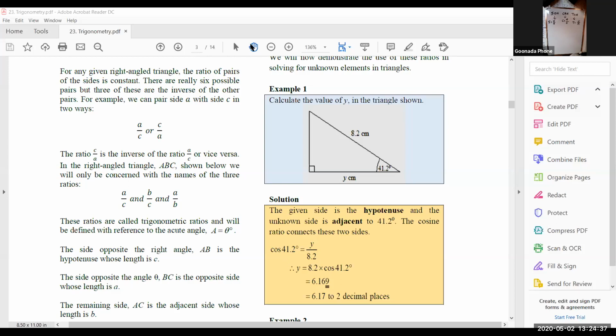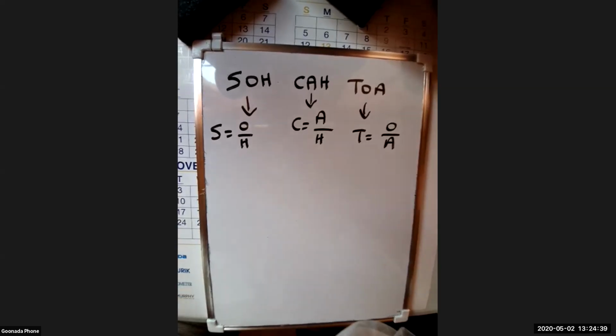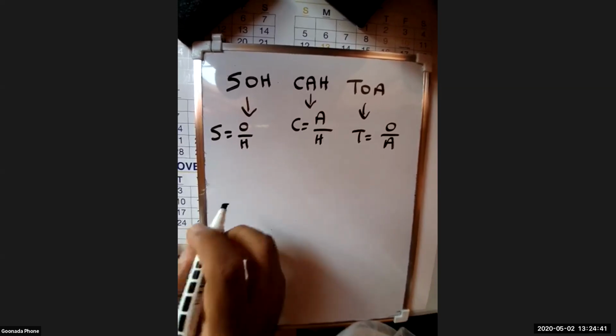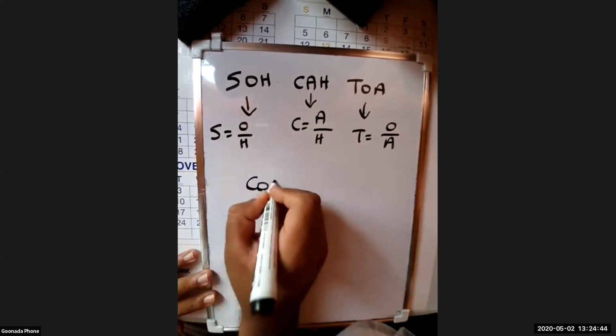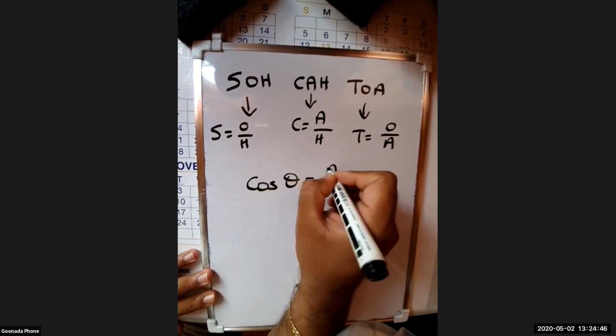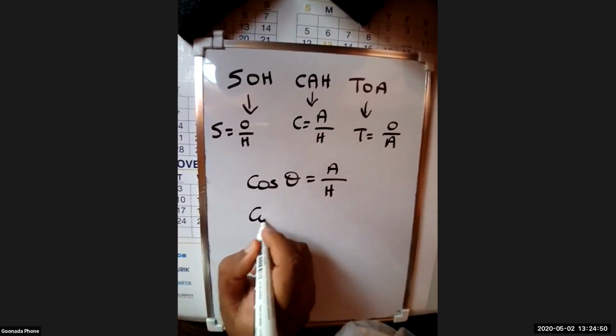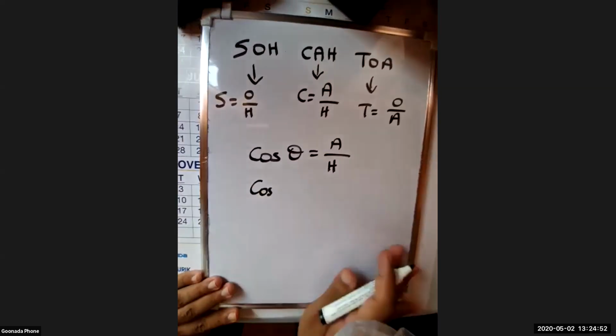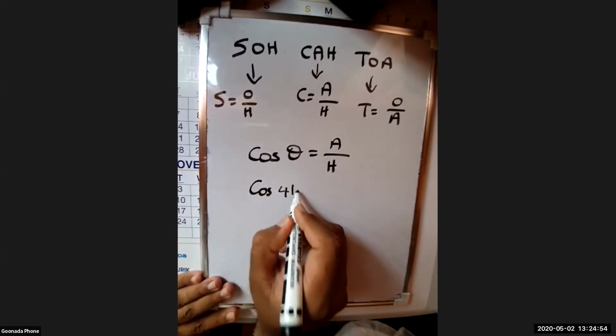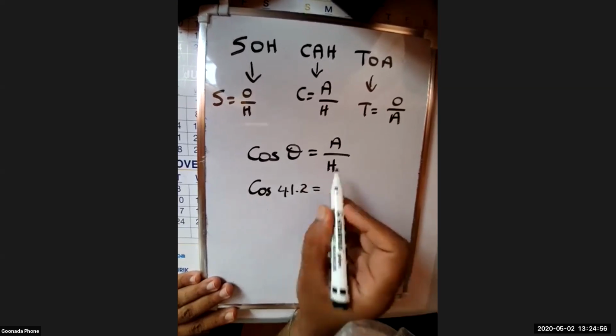So let me just show you how we work that out, right? It's cos theta equals adjacent over hypotenuse. So it's cos 41.2 equal to adjacent.